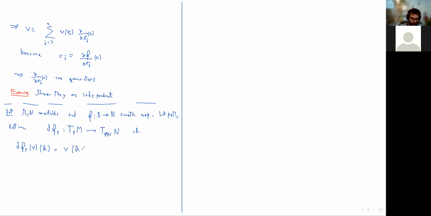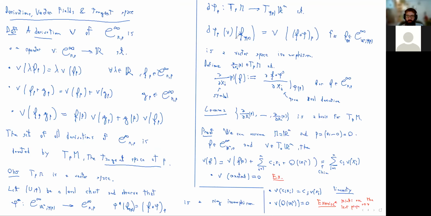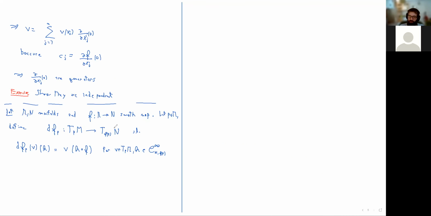And as you might imagine, it's just this, for V in T_pM and h a germ of a function on N at f(p). So we're really mimicking what we did here. It's really the same thing, but a bit more general.